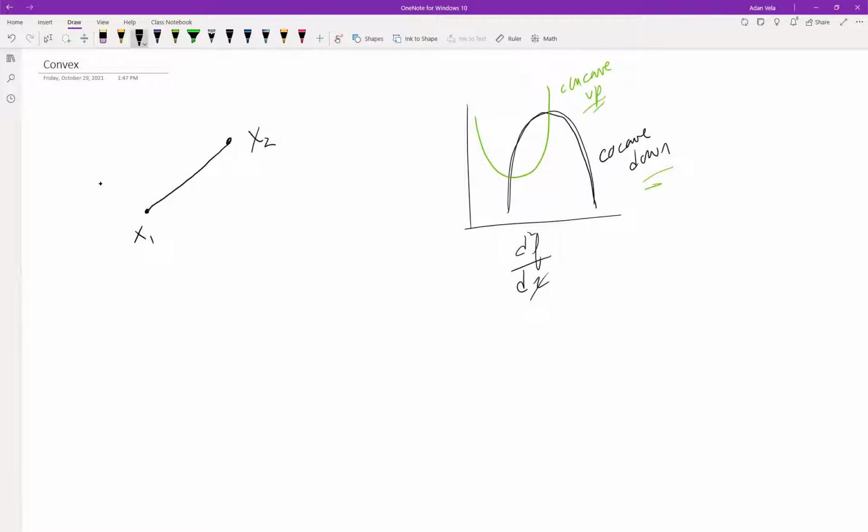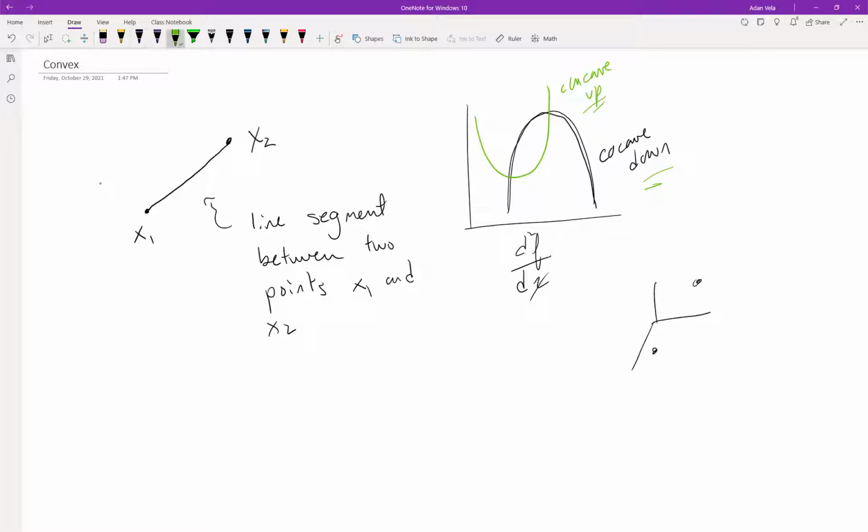And we're going to have a line segment between these 2 points. Here I'm drawing it as 2D, but it could be in 3D space, or 4D or 5D or 6D, whatever.